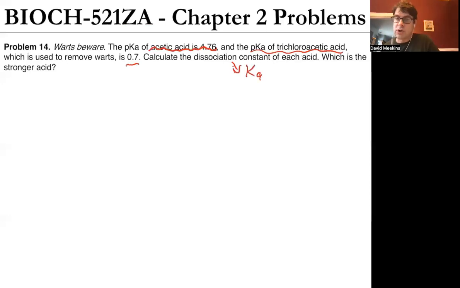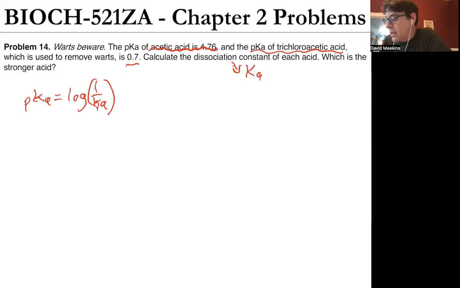Which is the stronger acid? In my lecture, I go through this a little bit when I derive the Henderson-Hasselbalch equation, but basically the answer comes from the fact that pKa equals the log of 1 over the Ka. So we can find that out.